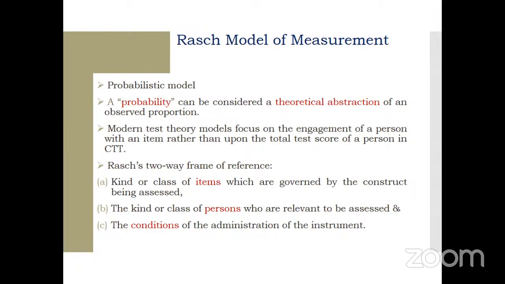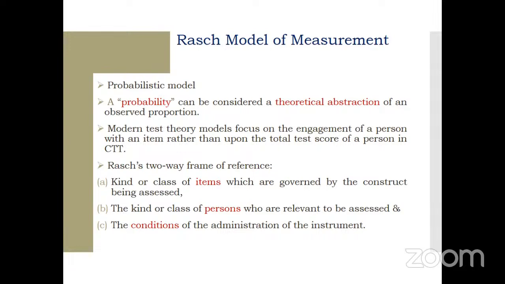So here, Rasch actually talked about a two-way frame of reference. What does it mean? Number one, the kind or class of items which are governed by the construct being assessed. Whatever construct you are assessing, it can be intelligence, depression, anxiety, self-efficacy, achievement, whatever you consider, all those items which you are including in your testing.